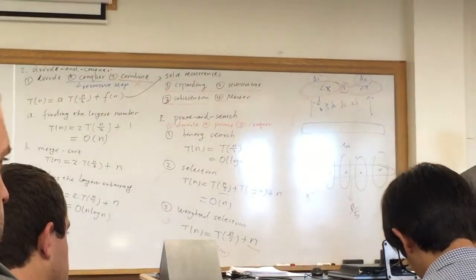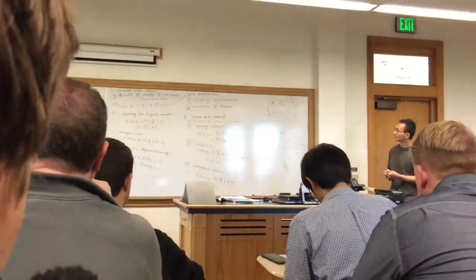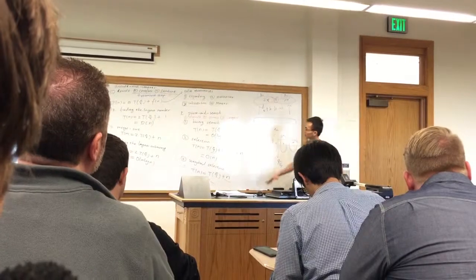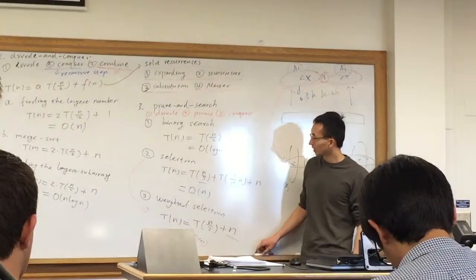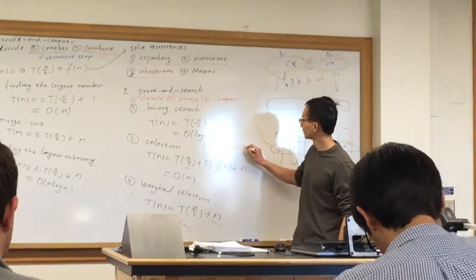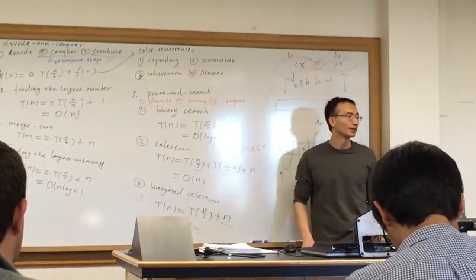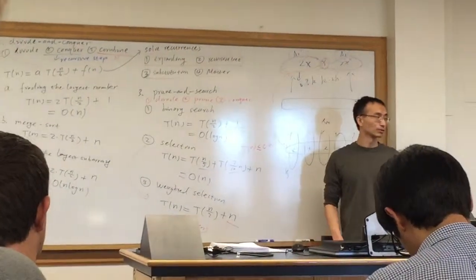How do you use substitution to solve this kind of recurrence? You mean why this gets order n? Yeah. Substitution is: you assume T(n) is less than C times n, and then you use the recurrence to prove this is true.